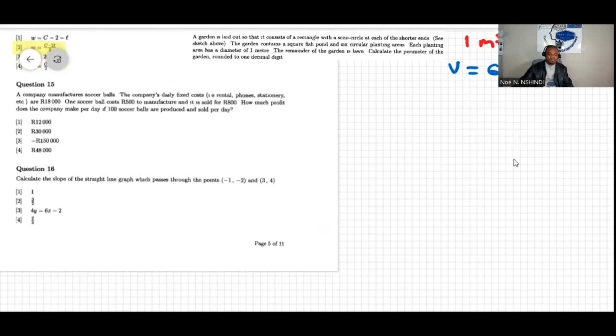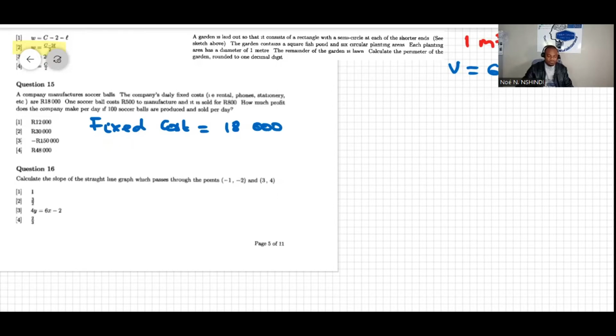Now, the question says that a company manufactures soccer balls. The company's daily fixed cost is 18,000. So I am going to write here fixed cost. The fixed cost is 18,000 rand. And then one soccer ball costs 500 rand.